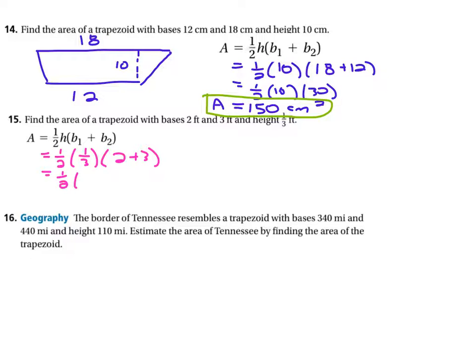So we've got 1/2 times 1/3, times 5. And 1/2 times 1/3 is 1/6 times 5, which then gives us an area of 5 times 1/6 is 5/6.